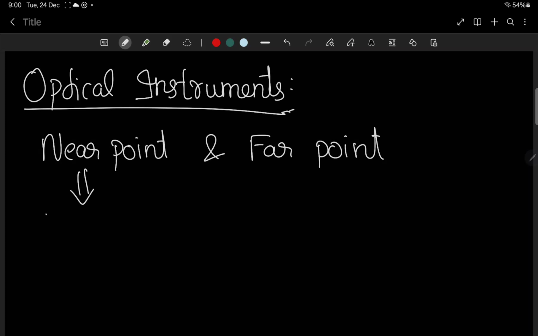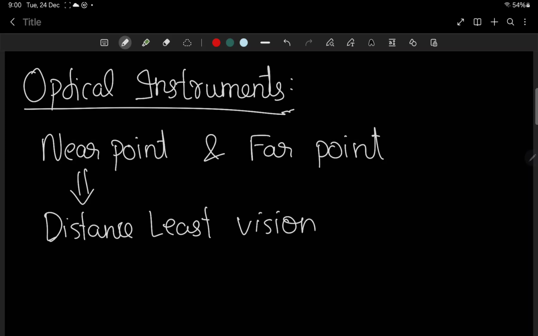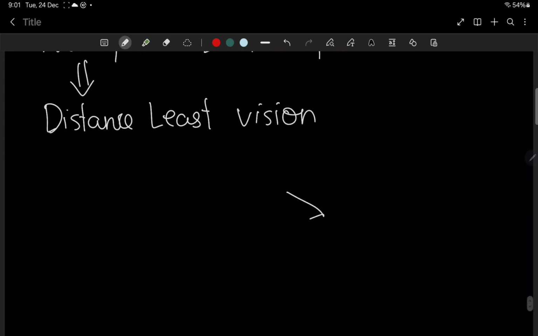Near point is the distance of least vision. You can take a book, your eyes here, and read something written in it.